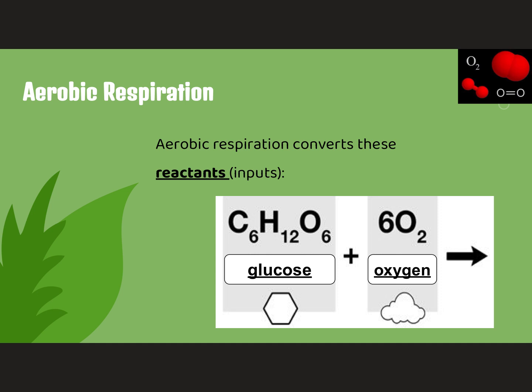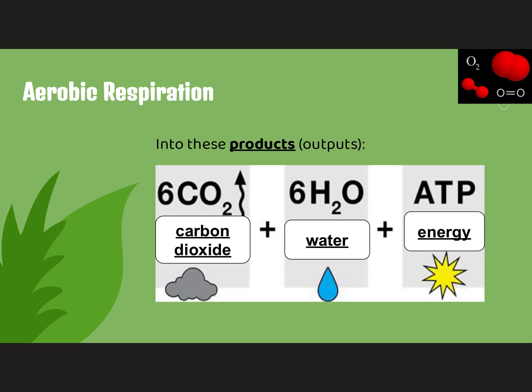In aerobic respiration, we have two reactants or inputs. They are glucose and oxygen. Oxygen is now able to be one of our reactants because remember, aerobic respiration allows for oxygen to be present. The products of aerobic respiration become carbon dioxide, water, and energy.